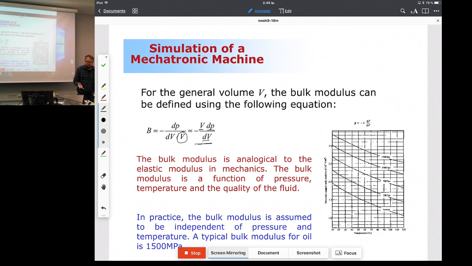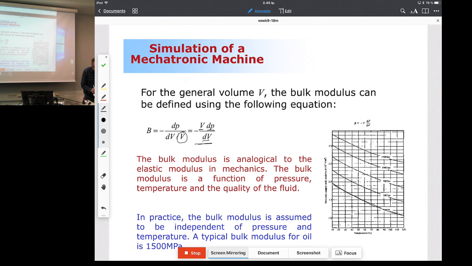Now, the bulk modulus in reality is a function of a number of different things. It is a function of the pressure that affects the fluid. It is also a function of temperature. And here is an unclear picture, but just to show you an idea, I have here different curves.